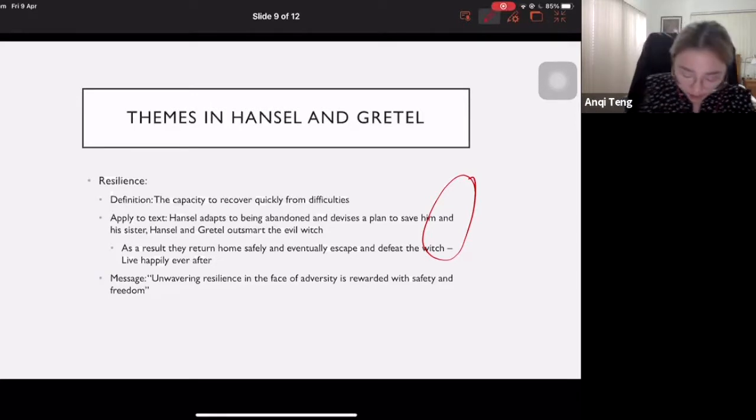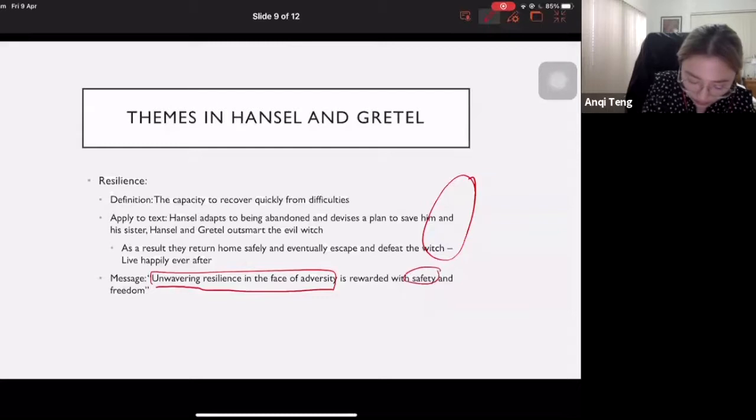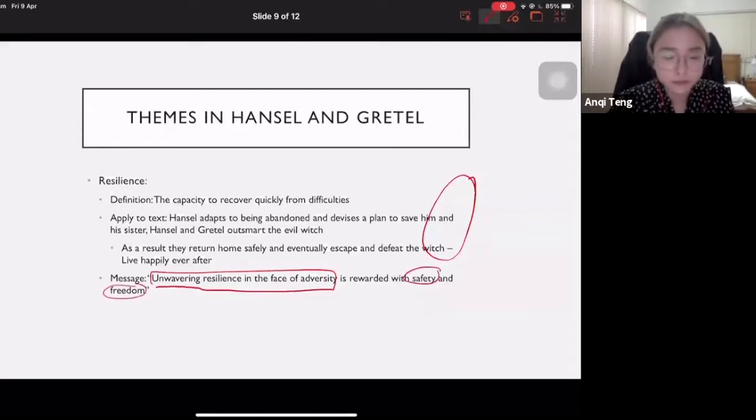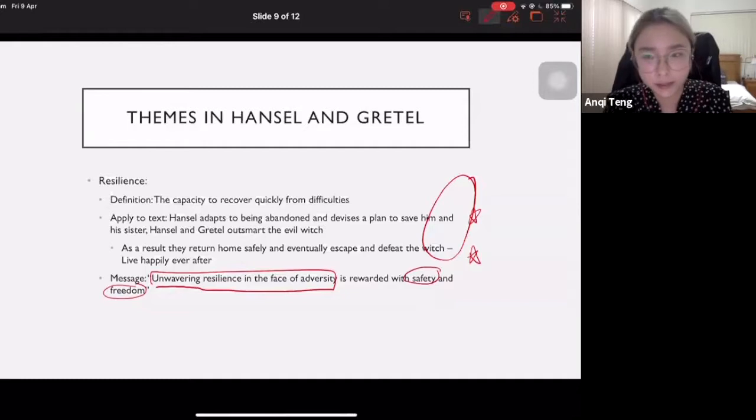So we have our cause, when we are unwaveringly resilient, and we are rewarded with safety and freedom. That's our effect. And we see that because that's mimicked by the progression of character in our application of the theme.